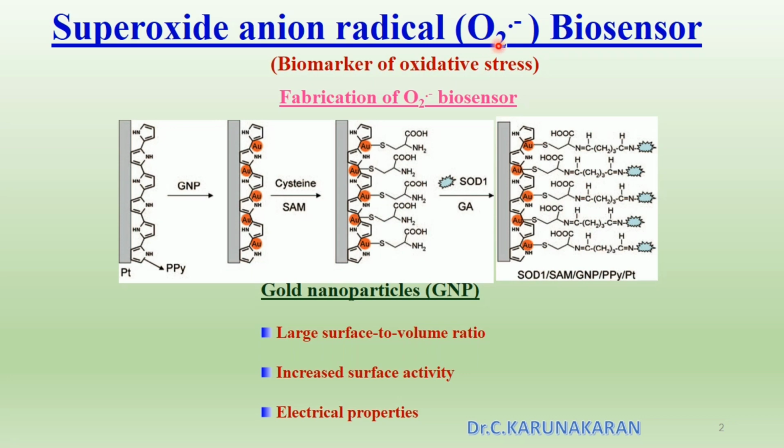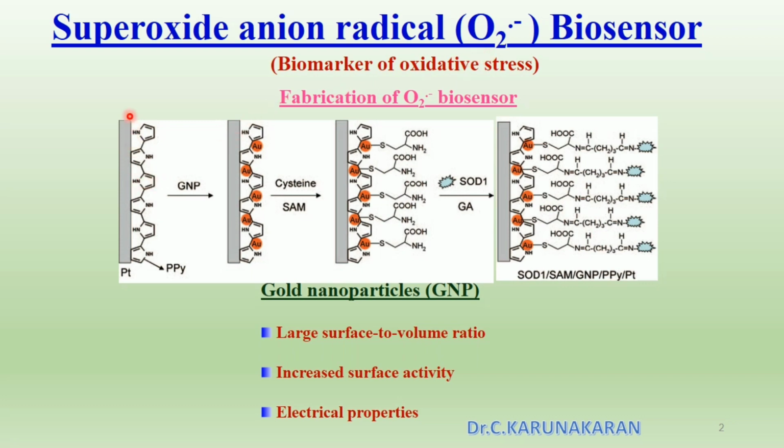For example, in the case of hypoxia, as I said earlier, at high altitude the level of oxygen is low, and also during heart attack, ischemia, superoxide radicals are produced in large amounts, causing heart damage. These are biomarkers of oxidative stress as well as hypoxia and also heart disease.